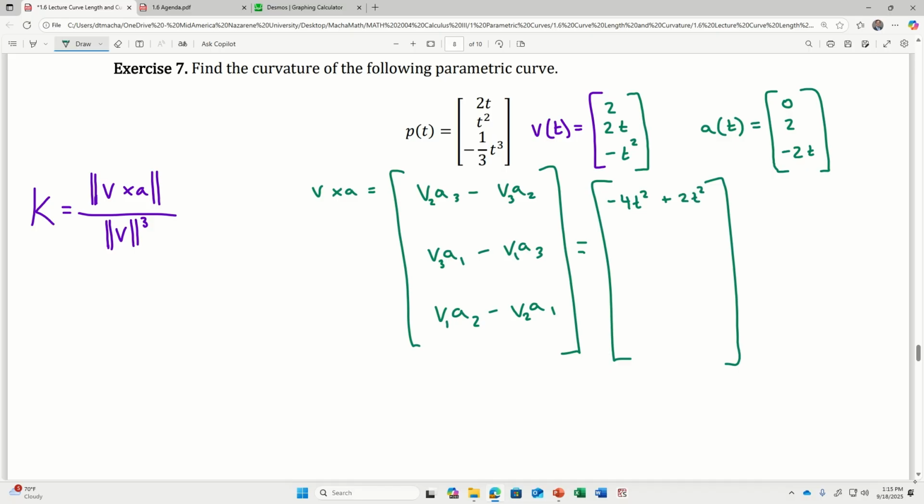You guys got to check my work. I'm going to make mistakes if you don't. V1 is 2, A3 is negative 2t, so that's 4t. V1 is 2, A2 is 2, minus V2 is 2t, A1 is 0.